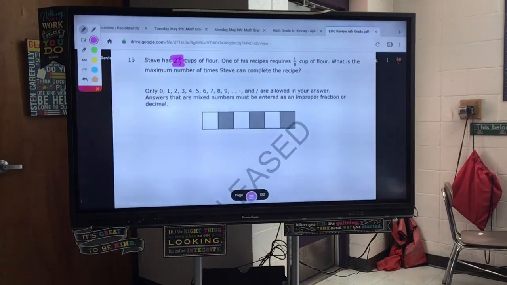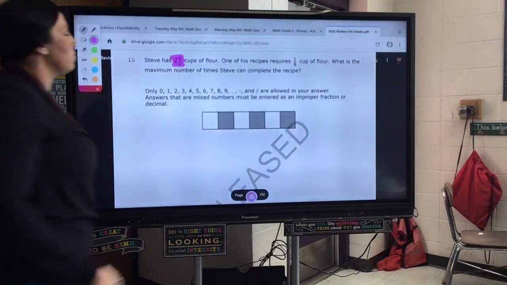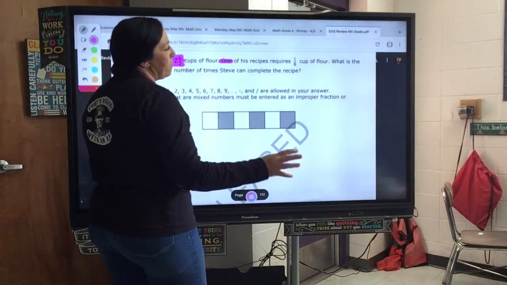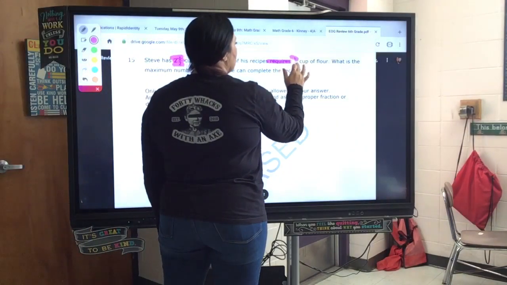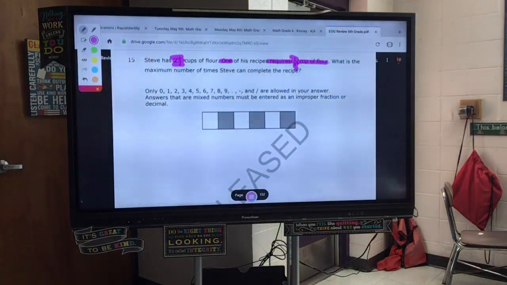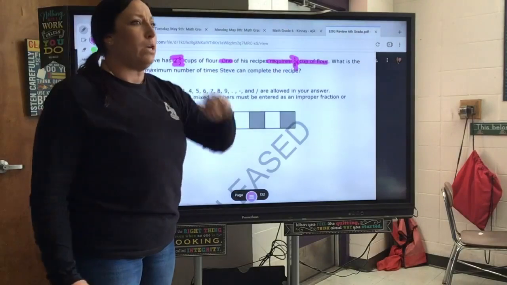All right. What else is important in this question? Ronnie? One of his recipes requires 1/8 cups of flour. All right, so we could do the whole sentence, but let's think about some of the information. You don't want to have your entire time spent highlighting and annotating, right? So we really do want to pull out the most important information. So one recipe requires 1/8.